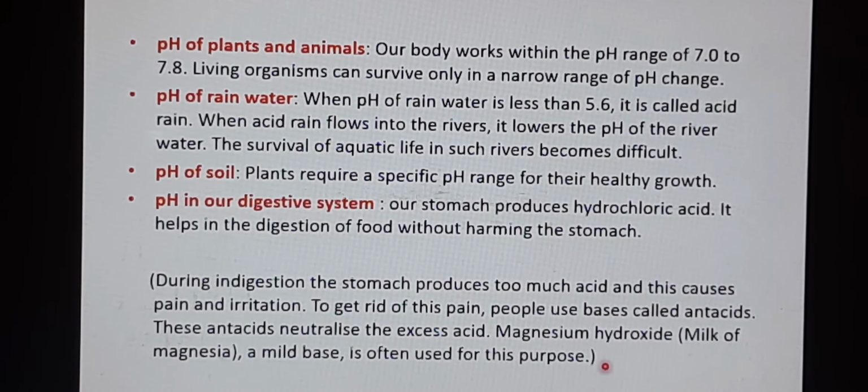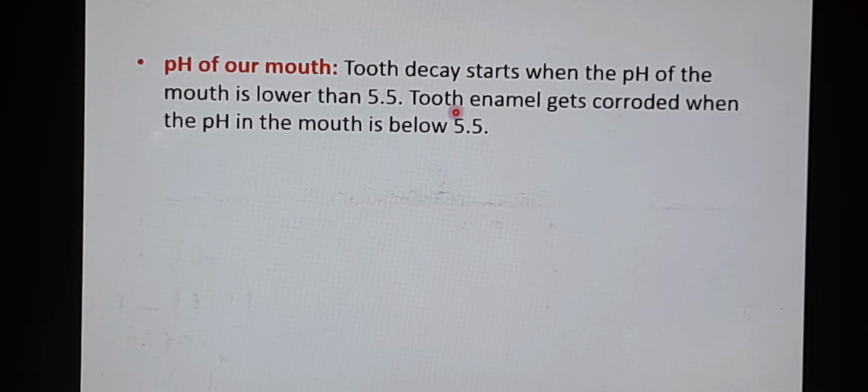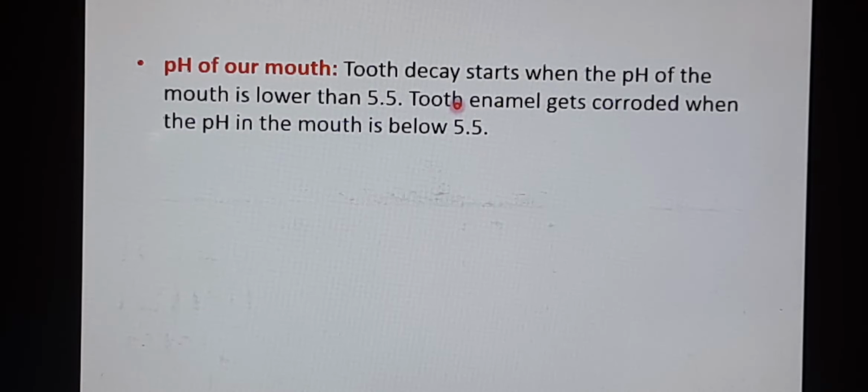pH of our mouth. See, tooth decay starts when the pH of our mouth is lower than 5.5. This means the pH should be near to 5.5. It should not be lower than that, because tooth decay will start once the pH value lowers.